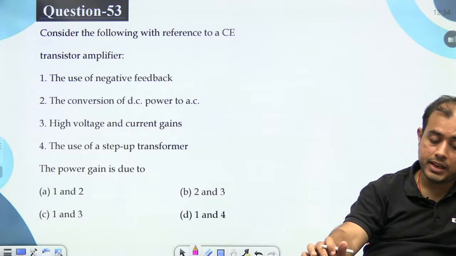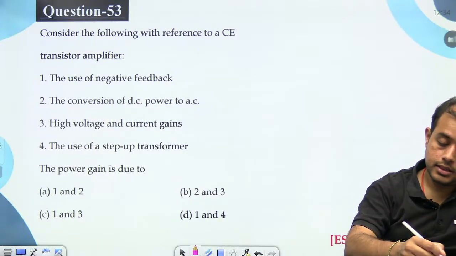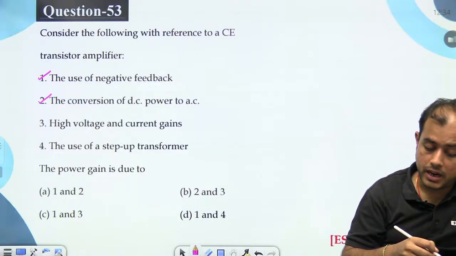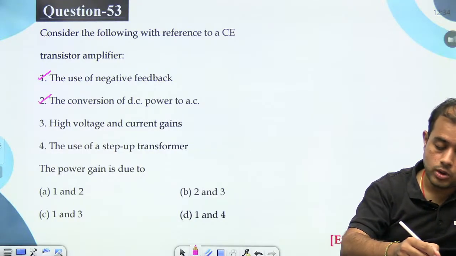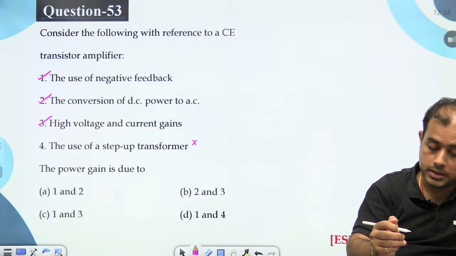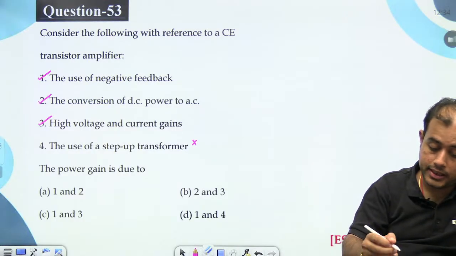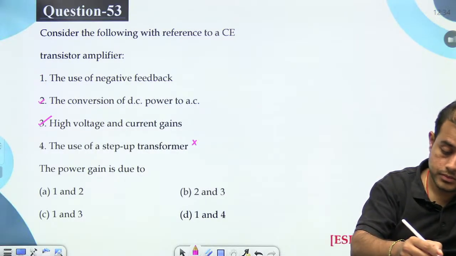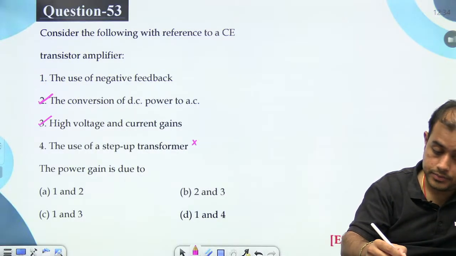Common emitter amplifier. Use of negative feedback. Conversion of DC power to AC, high voltage and current gain, the use of a step-up transformer. High power gain is due to 2 and 3.